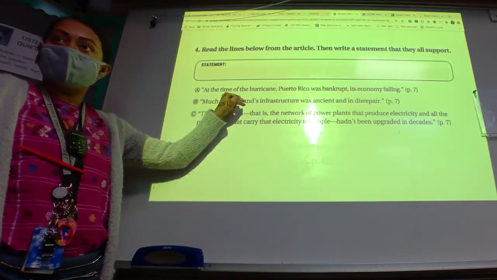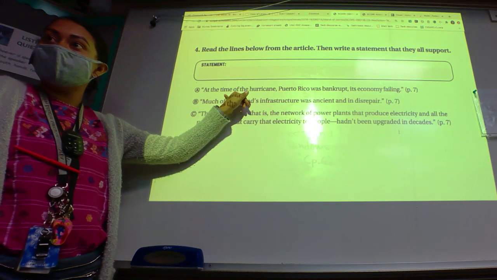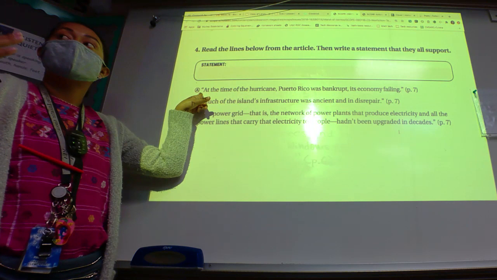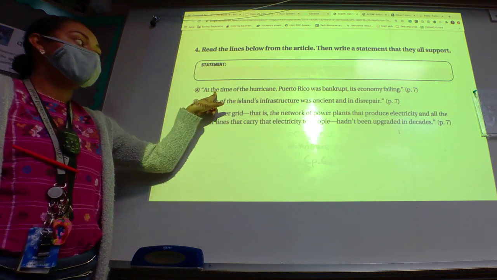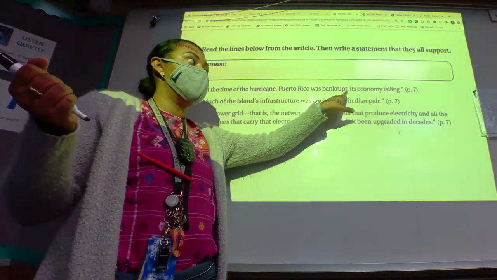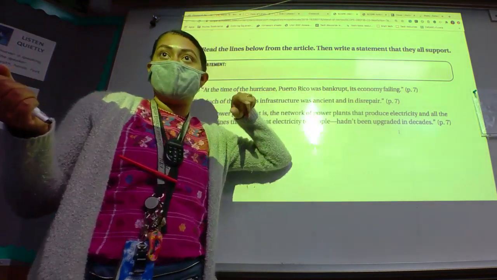Okay, so A, everybody read it together. Ready? Number 4, ready? Okay, begin. At the time of the hurricane, Puerto Rico was bankrupt. Its economy failed.